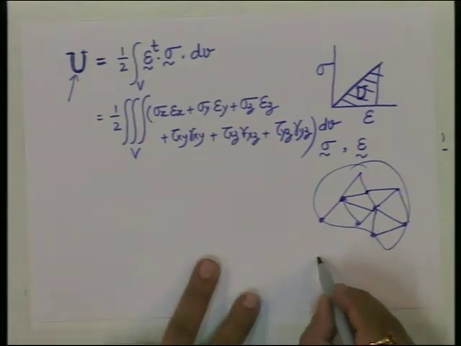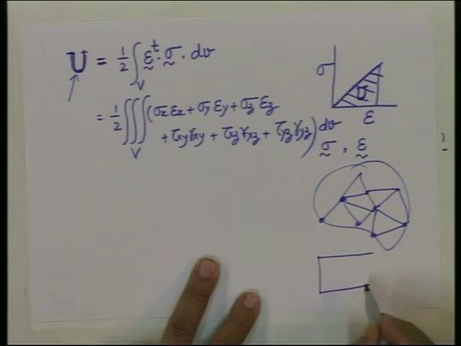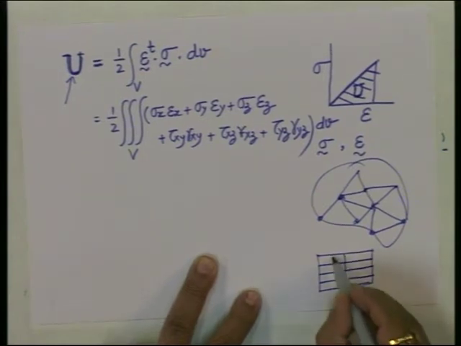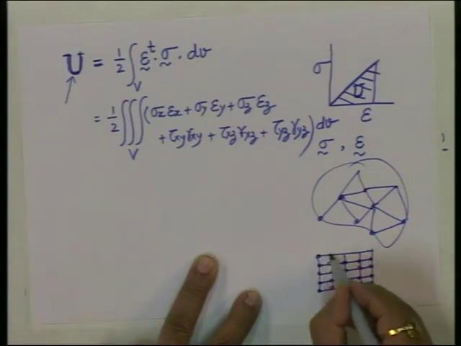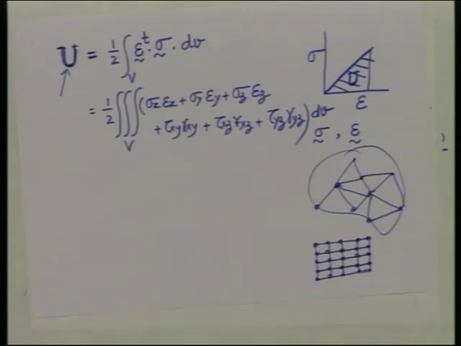For example, if you have a rectangular domain, I can divide this like this. I can think of this as an assemblage of so many smaller 4 noded elements. Each one is an element, and when you assemble all these elements, you form the total. Assemble means join together. I think the assembly process you already know.